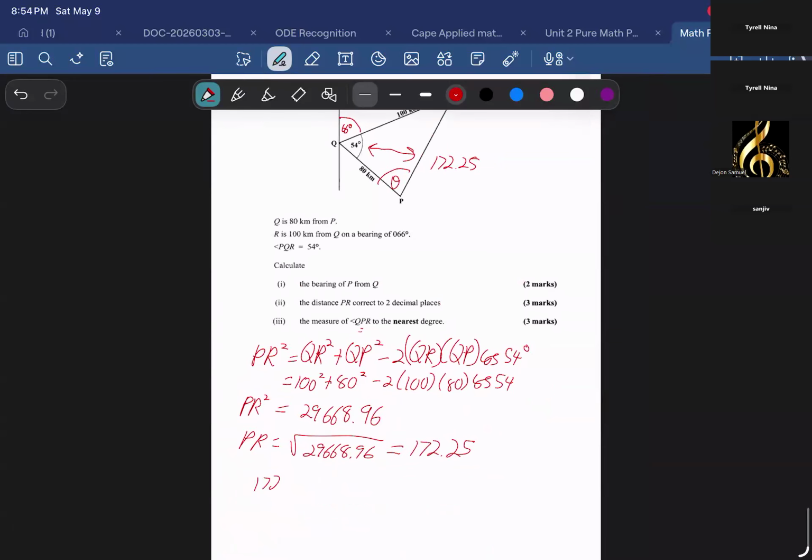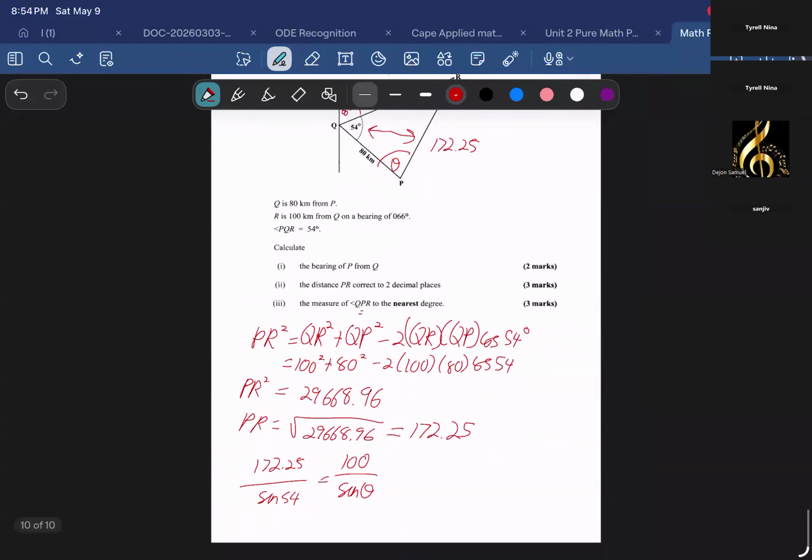So 172.25 over sine 54 is equal to 100 over sine theta. I cross multiply: 172.25 sine theta is 100 sine 54. So sine theta is 100 sine 54 over 172.25.